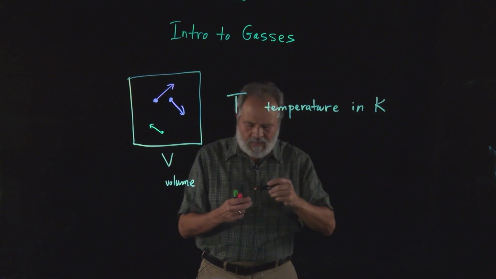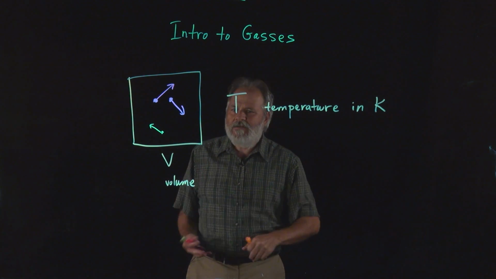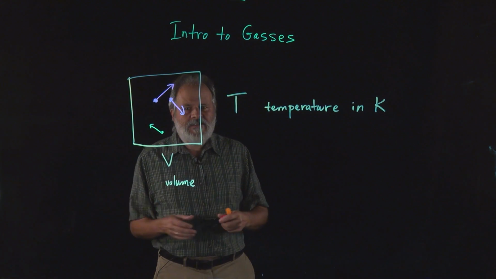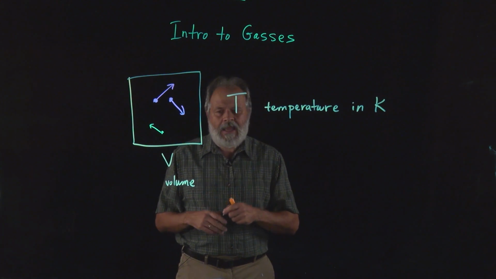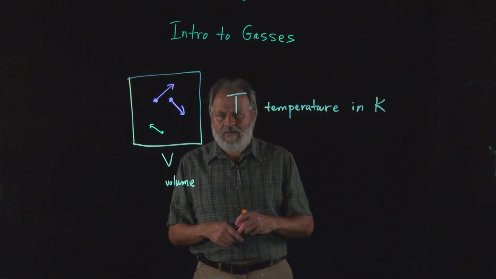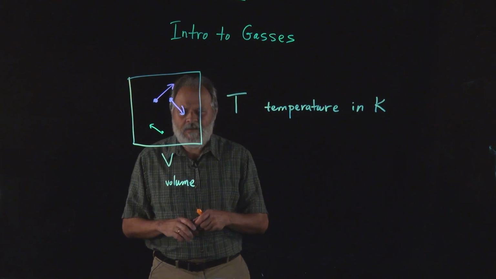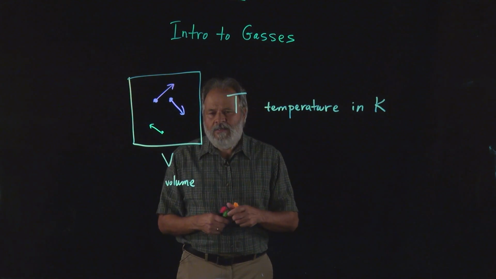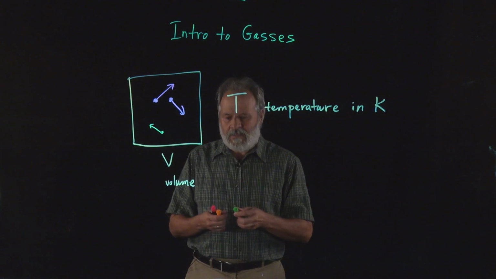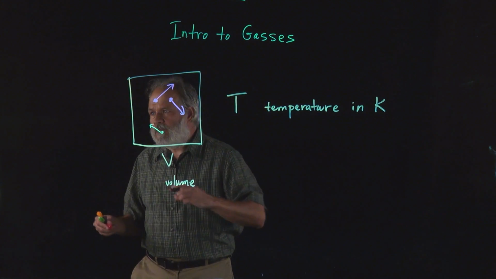Now the important thing about the temperature: it cannot be degrees C, because degrees C has a negative part of the scale, but you can't have negative energy because energy is a squared quantity. Kinetic energy is 1/2 mv squared.